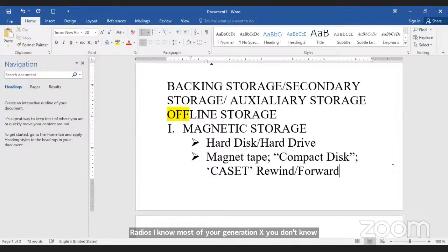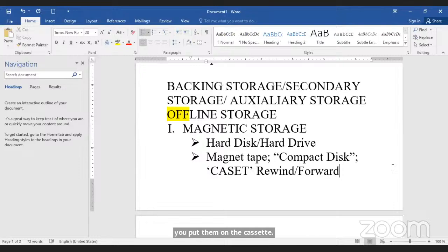We used to have a radio that has two cassettes, deck 1, deck 2. Also, we used to have those cassette players. If you have a movie this festive season, you are looking for a Christian movie, you go and borrow, then you put it on the player.